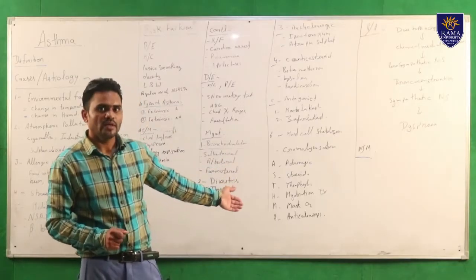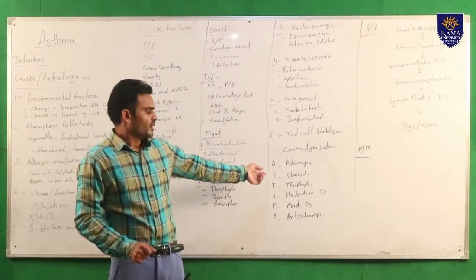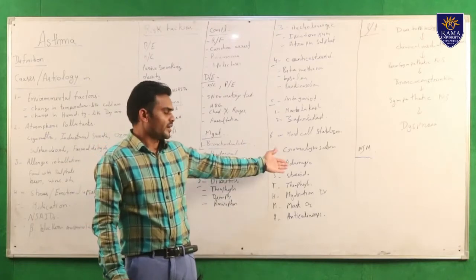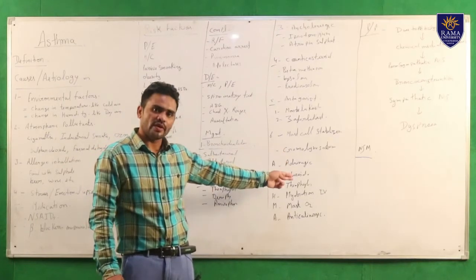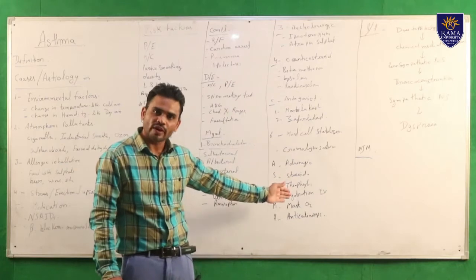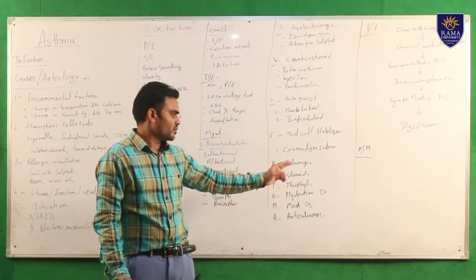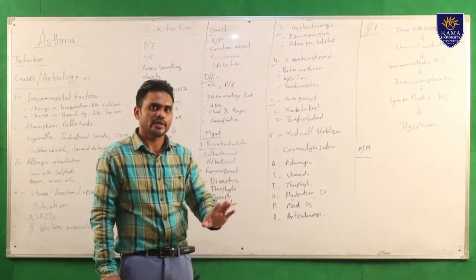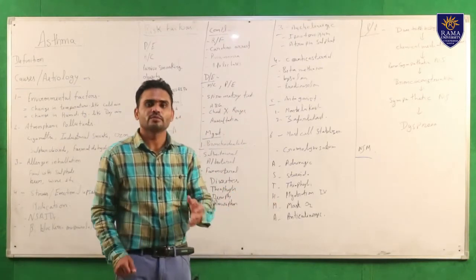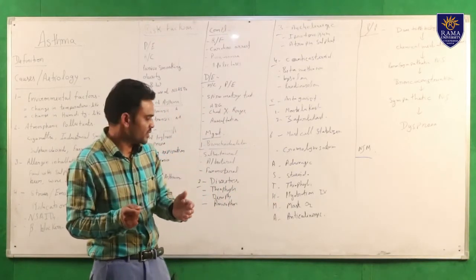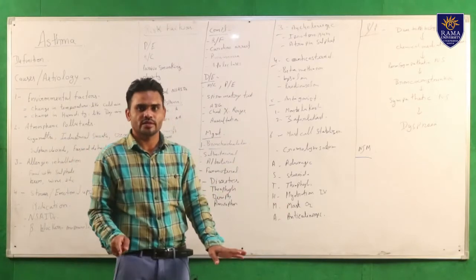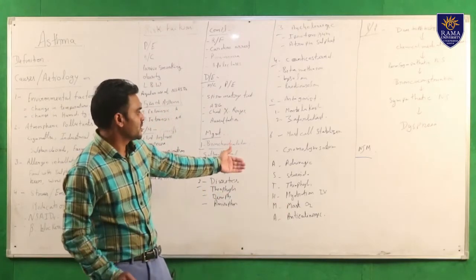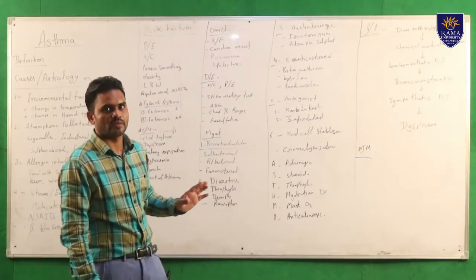Next is the key of asthma: A for adrenergic, S for steroid, T for theophylline, H for hydration, IV we will provide, M for mask with oxygen for the patient, and A for anticholinergic. So this is the key of asthma.